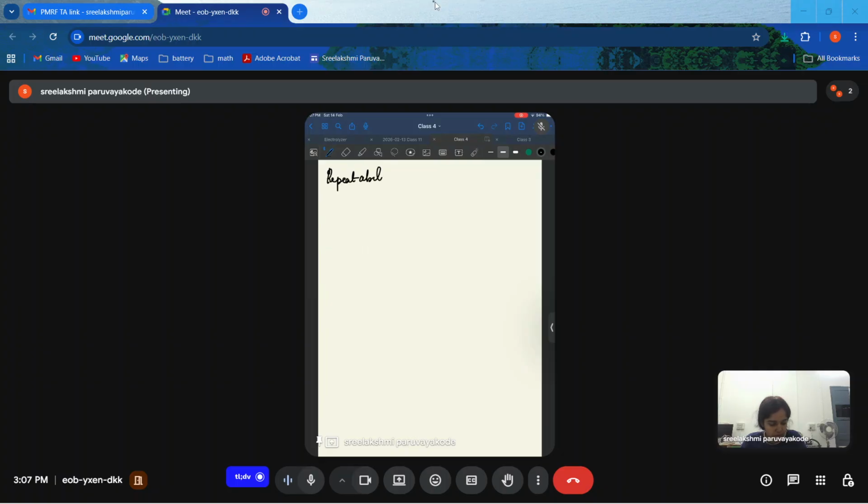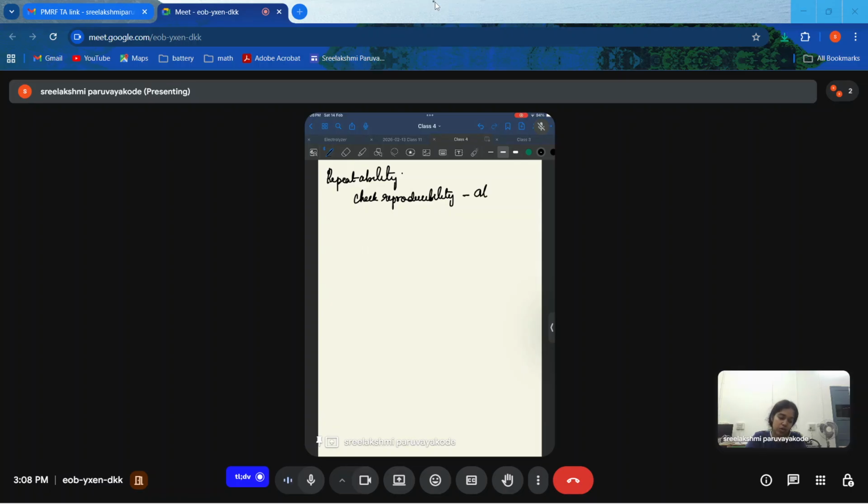What is repeatability? Repeatability means we have to check the reproducibility. When we do the same experiment multiple times, we should get a repeatable answer. We cannot get confidence in the data based on a single run of the experiment. We should do at least two.